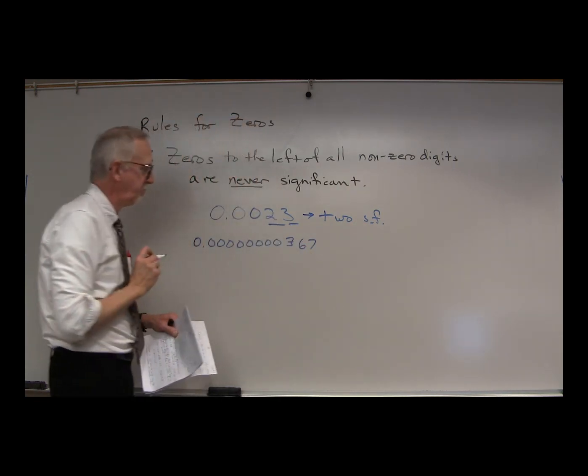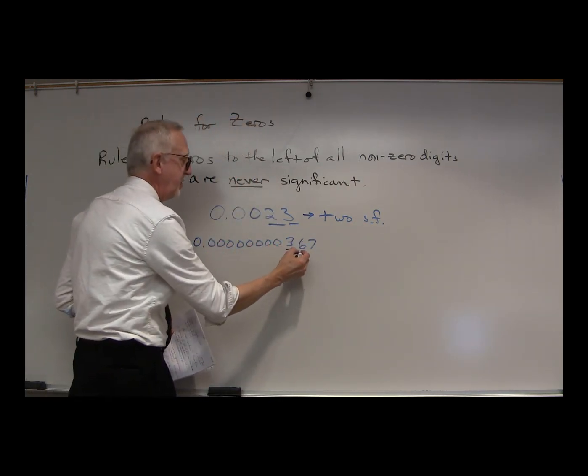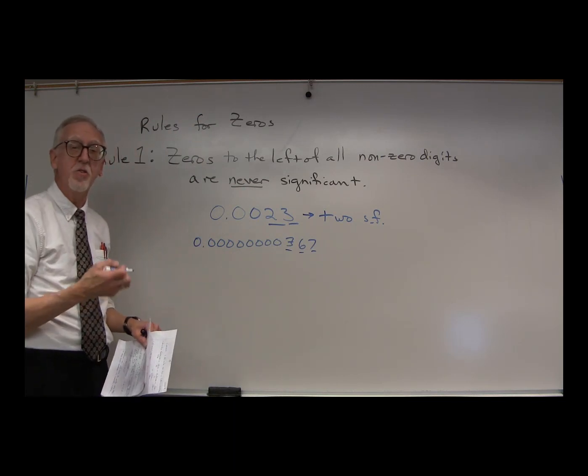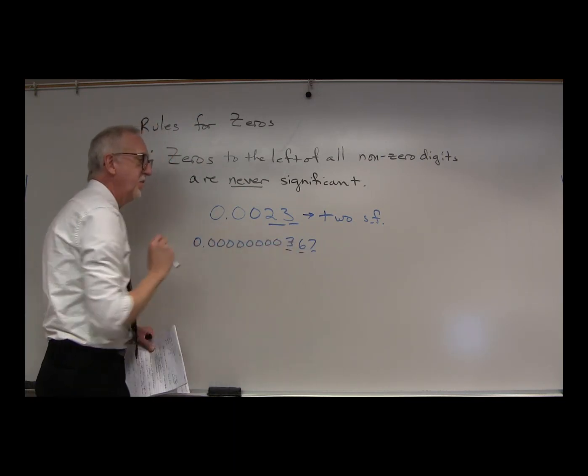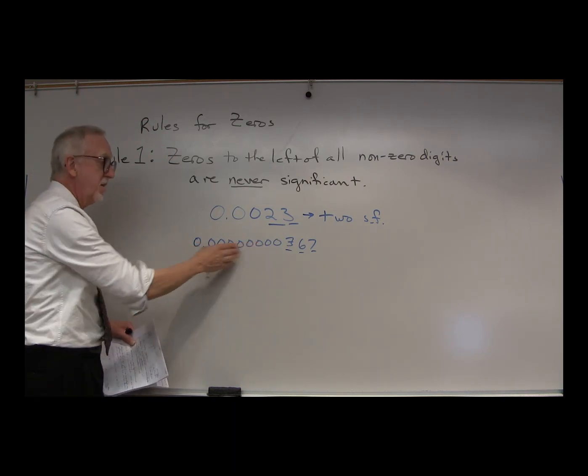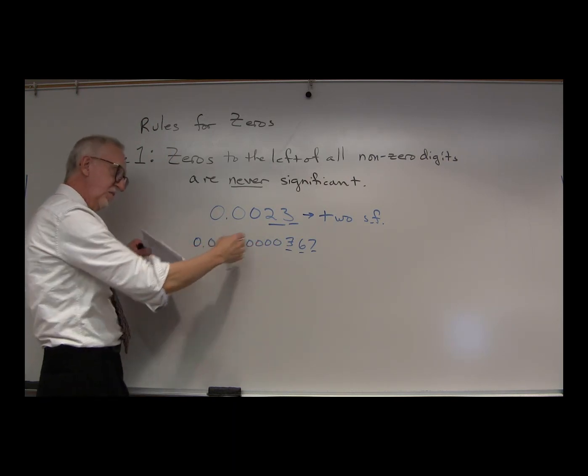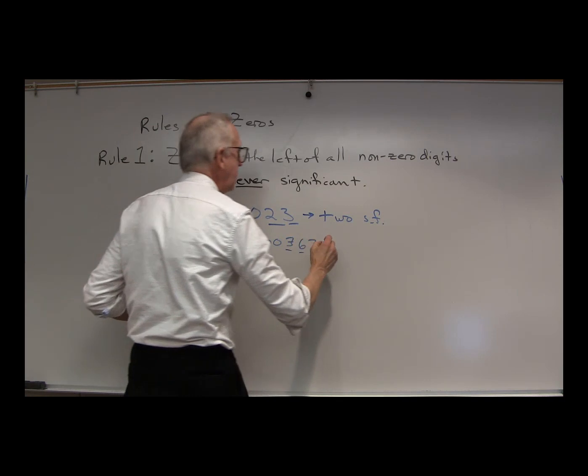Okay, what about, let's say, 0.000000000367? Well, 3, 6, 7, those are all significant, so there's 3. All of these zeros are to the left of the non-zero digits, and so they are not significant. So this quantity, even though it's very, very long, has only 3 sig figs.